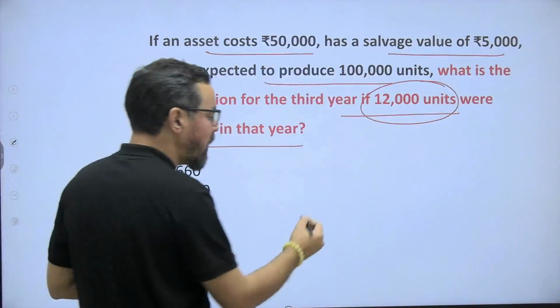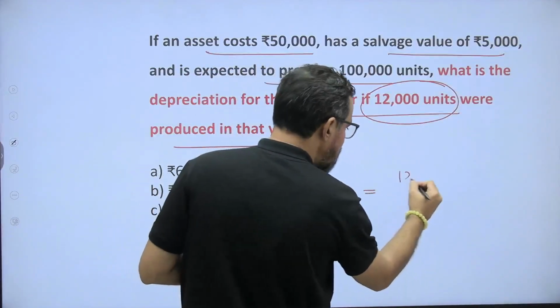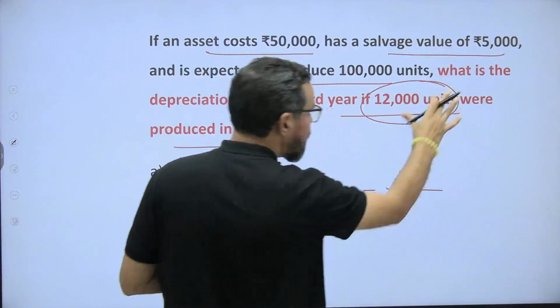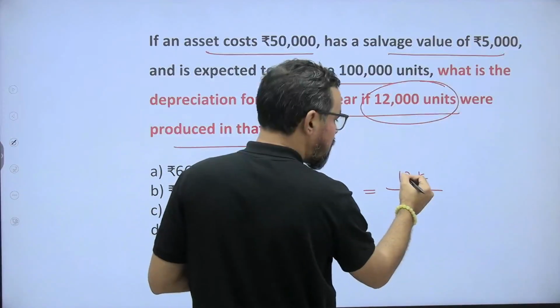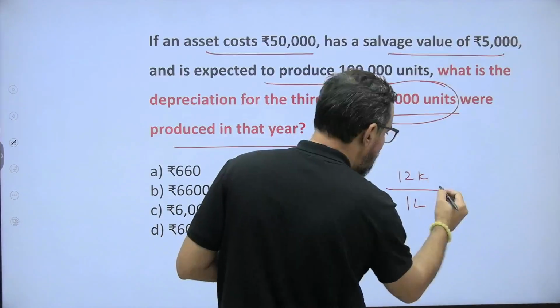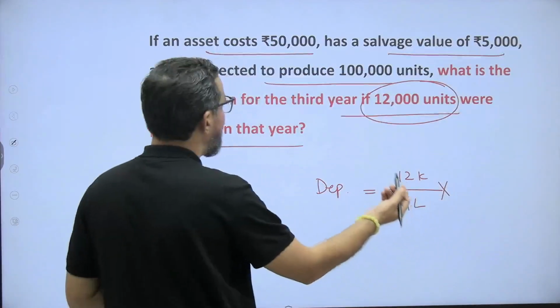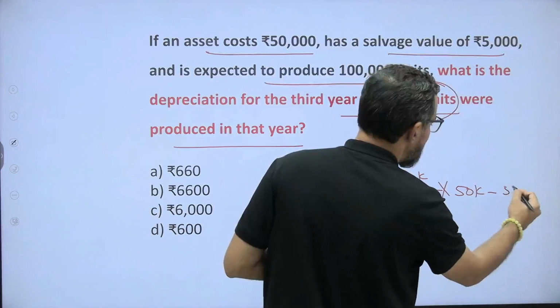So what will be your depreciation? Your depreciation is equal to 12,000 divided by the estimated production, which is 1 lakh, into cost minus salvage value. Cost is 50,000 minus salvage value is 5,000.